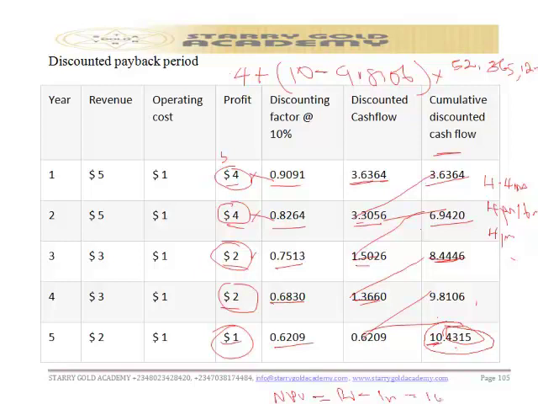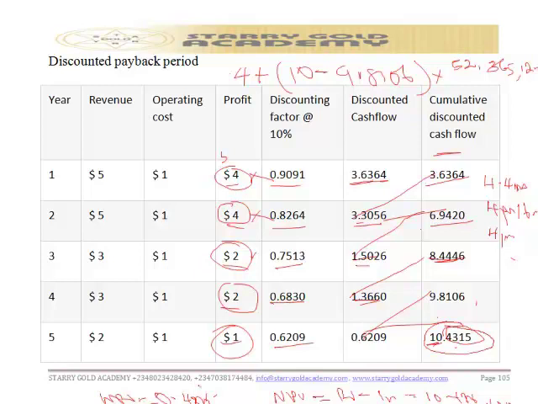So present value is 10.4315 minus initial outlay, which is 10 million. So we have our NPV equal to 0.4315. That is using 10%.